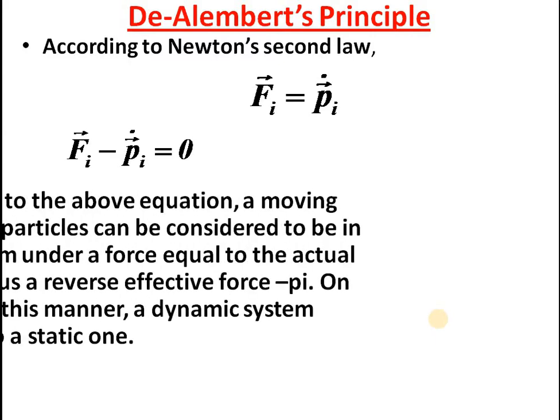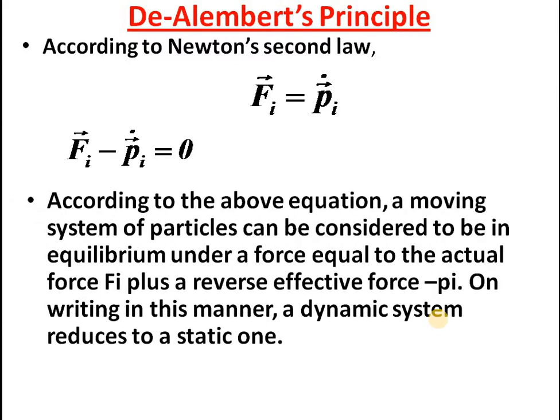We have Fi minus Pi dot equals 0. And according to this equation, a moving system of particles can be considered to be in equilibrium. You can underline the word equilibrium. It is in equilibrium under a force equal to the actual force Fi plus a reverse effective force minus Pi dot. These are different ways to express D'Alembert's principle.